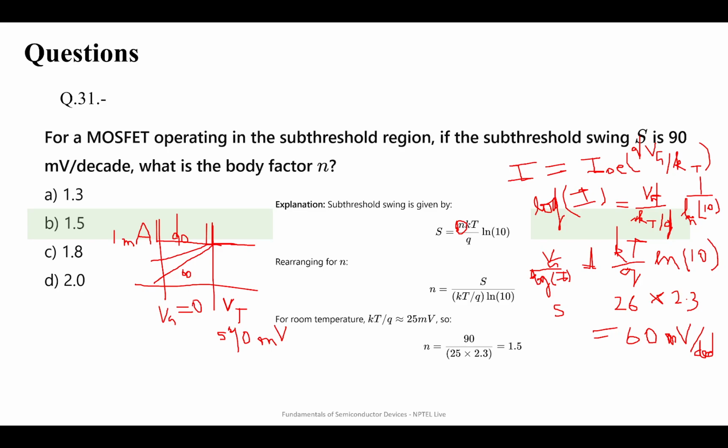Sir, please tell me, sir. Yes, so your subthreshold swing S is given as 90 millivolts per decade.